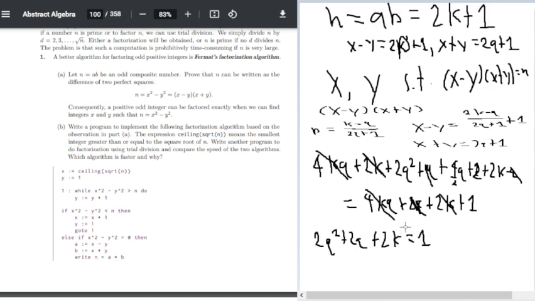Actually, no, we can just subtract the minus 1 on the side to get plus 1. So we have 2q squared plus q plus k plus 1 is equal to 0.